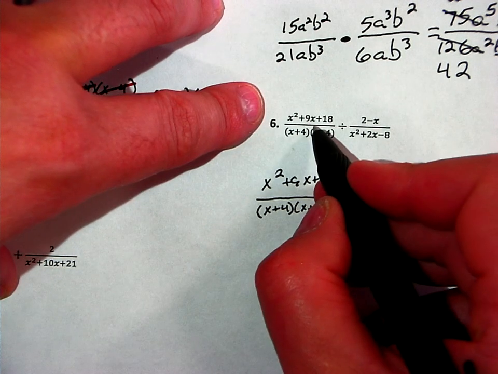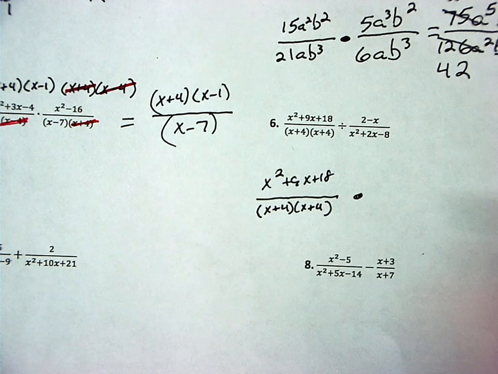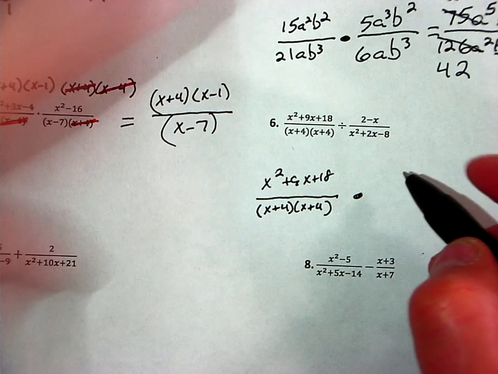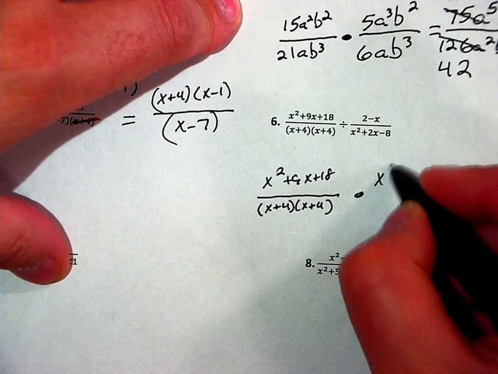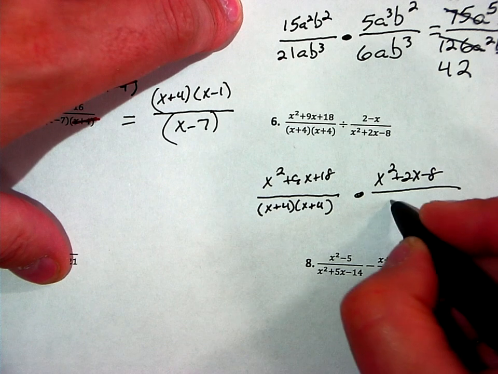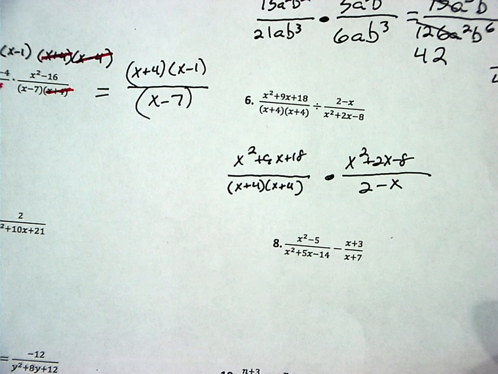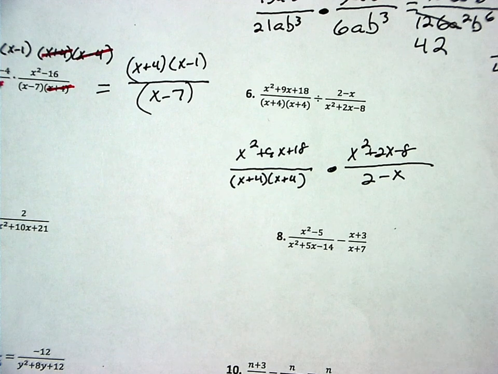Yeah, that says 9x right there. And now I need to flip this. So I'm going to put x squared plus 2x minus 8 over 2 minus x. So that will get you partial credit just doing that. Keep it, change it, flip it.